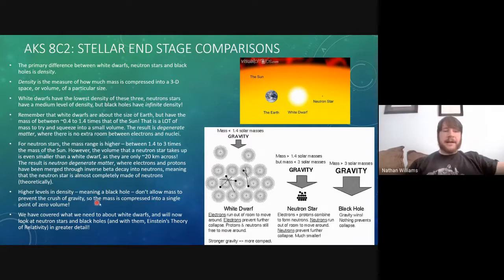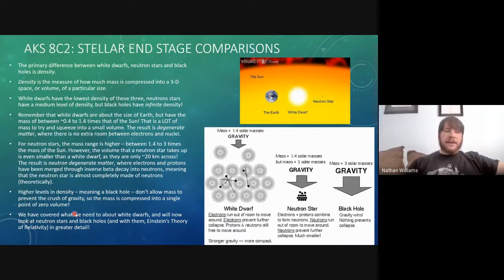So you get the entire mass of a stellar core of at least 3 stellar masses compressed into a point that doesn't take up any space. It's 0 volume, and that's where we can go back to that infinite density idea for a black hole. But again, we'll talk more about that in the coming couple of days.